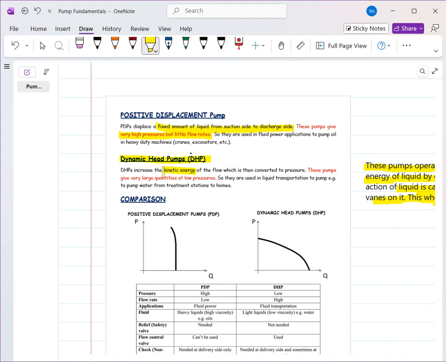They convert the kinetic energy into pressure energy by the dynamic action of the liquid. The dynamic action of the liquid is carried by a revolving wheel which has curved vanes on it. The wheel is known as the impeller, right? The addition of energy to the liquid occurs when the liquid flows in a radial path.